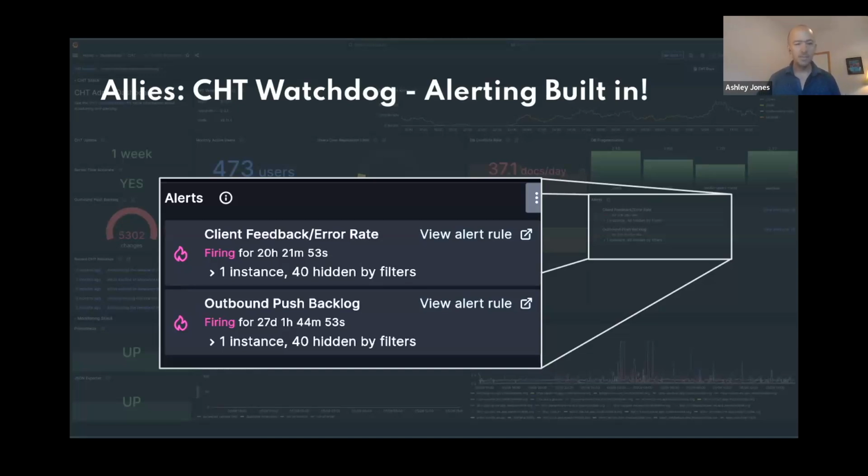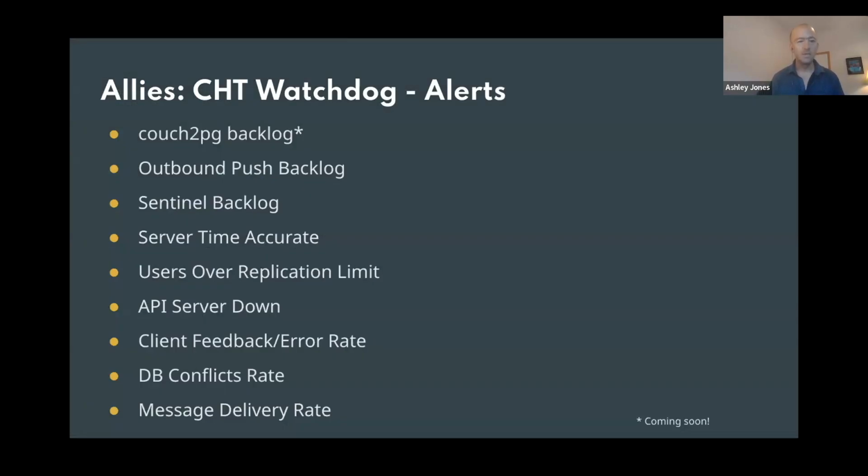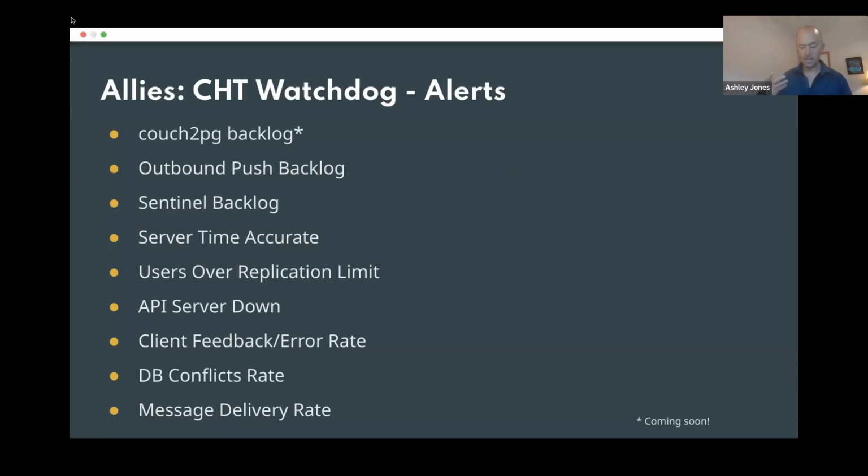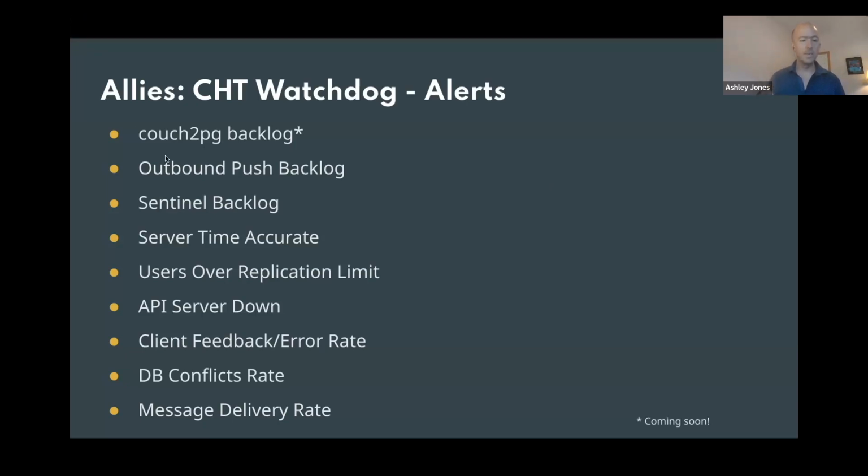And on the next slide, we have a list of all the metrics that we're currently alerting on. I'm not going to go over these in detail, but a lot of them that we've been testing, we've found that the backlog ones, like the Sentinel backlog, Couch to PG backlog, outbound push backlog, are often key indicators of a CHT instance that needs some attention or needs some checks on it.